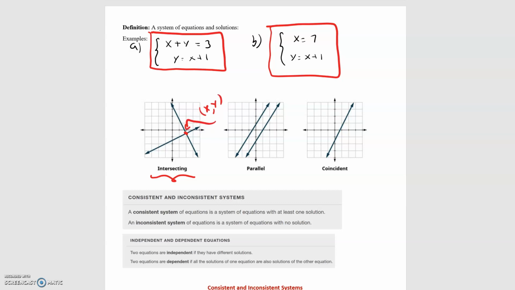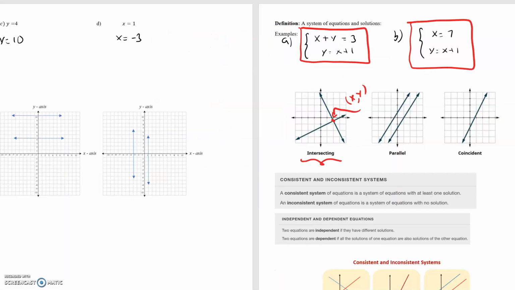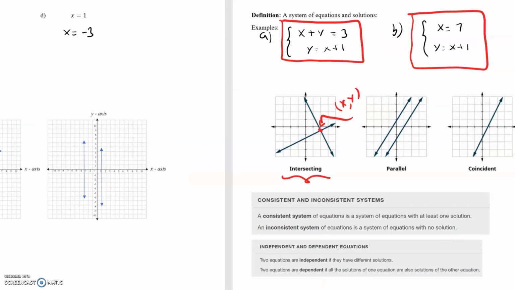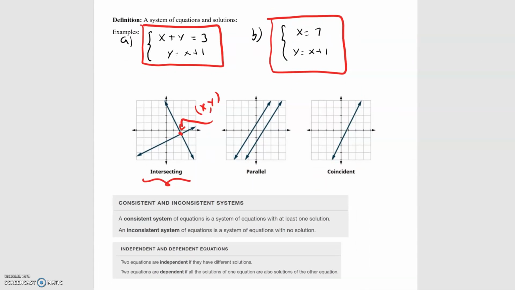And here's the problems that you could encounter as you're finding those solutions. The main idea is that we're trying to find one coordinate point, but within the equations that you're given, in this case, within a system, possibly A or B, they're going to have different numbers.